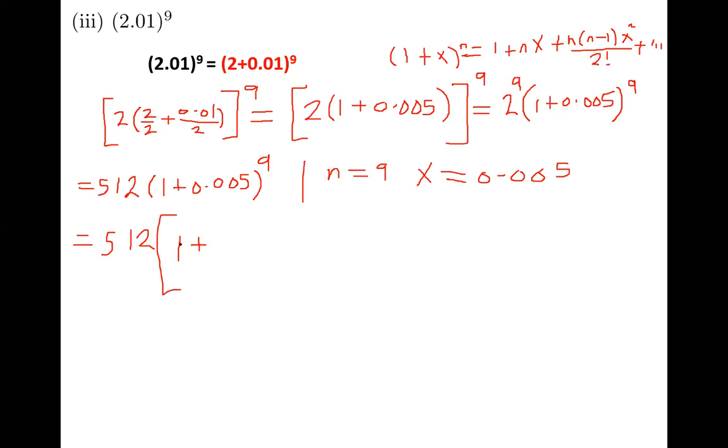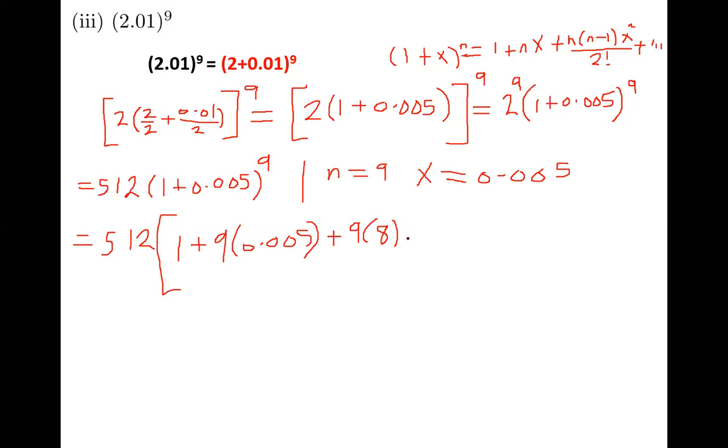So 512 times 1 plus, our next term here will be nx. My n is 9, and my x is 0.005, like that. And then plus, my n is 9, and n minus 1, 9 minus 1, I get my 8 there.